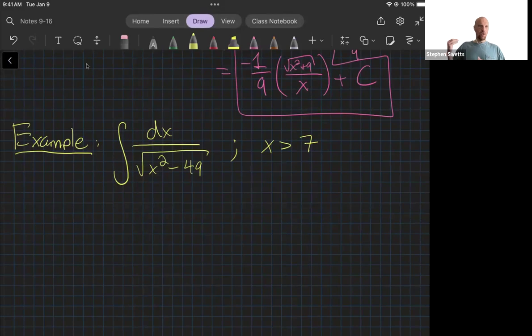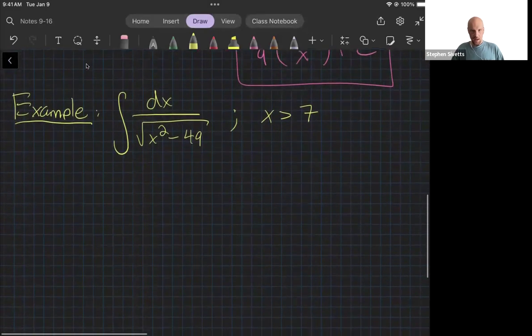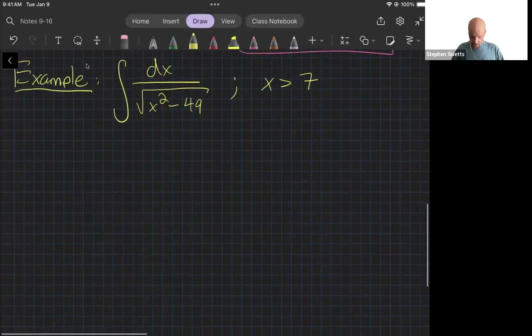Welcome back. So hopefully you've been able to solve this integral, but really we're going to use the other type of Pythagorean identity, I should say.